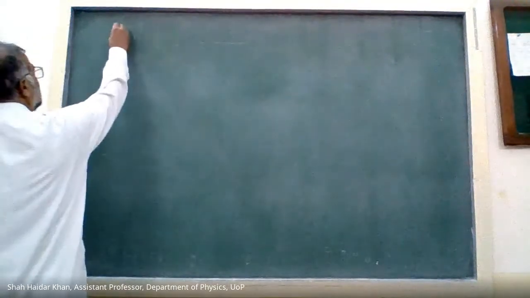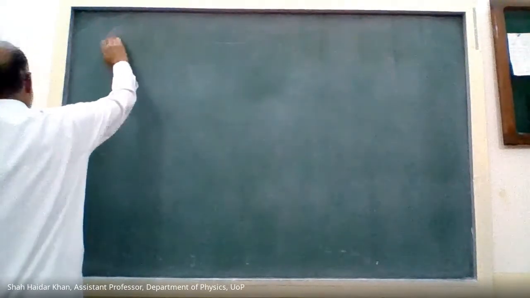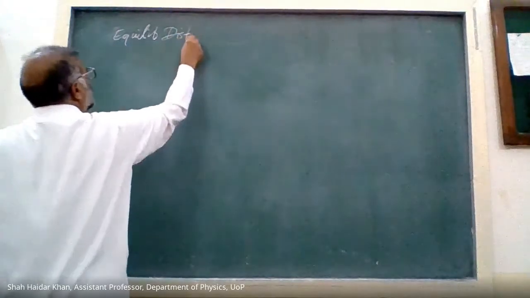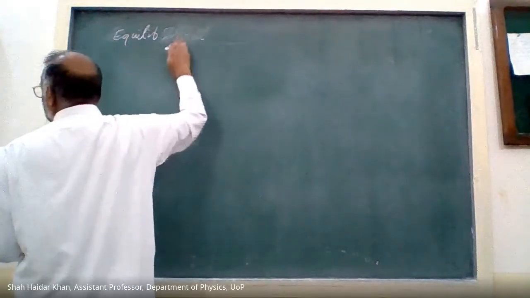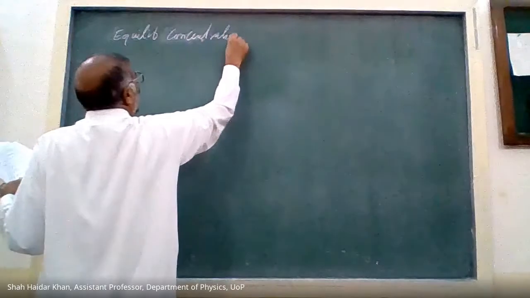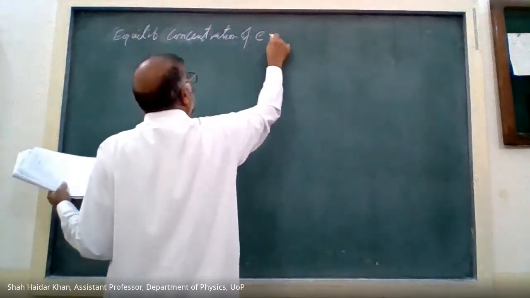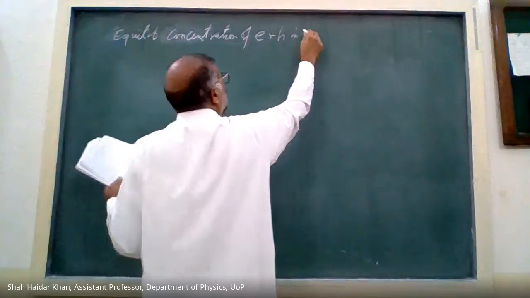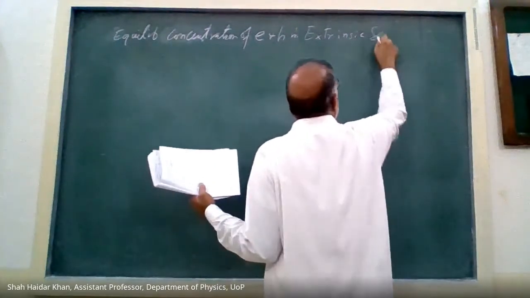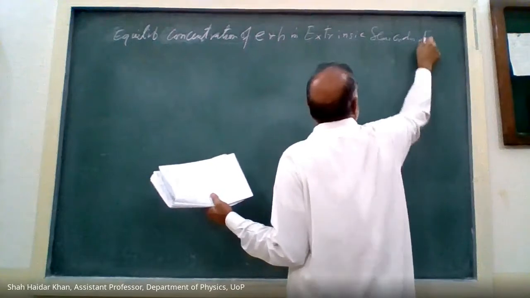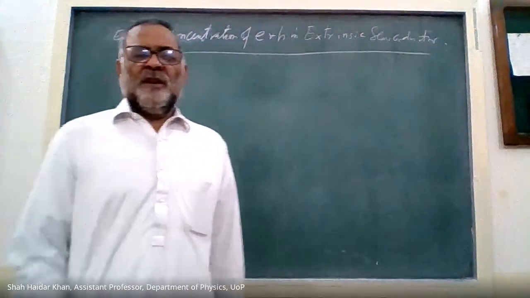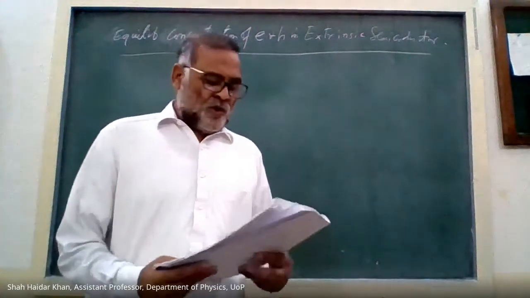The equilibrium distribution of the equilibrium concentration of electrons and holes in an extrinsic semiconductor, right? We have an extrinsic semiconductor.